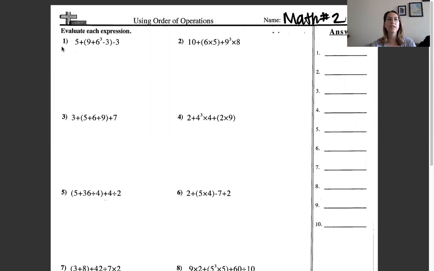We're going to start over here with problem number 1. So remember, with order of operations, we really need to use PEMDAS on this. So let's see if I can write PEMDAS off to the side here. We have PE, MD, AS.